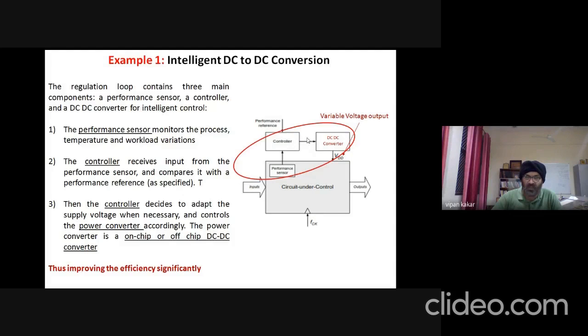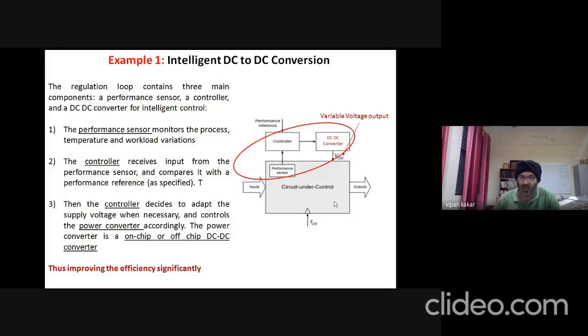So what type of signal is this? Whether to step down the voltage or step up the voltage, lower the voltage or raise the voltage. And based on the inputs received from the controller, the DC converter changes the VDD supply required in the device. Let me give you an example. If a gaming application is being run, the performance sensor will sense that now most of the circuit is active, because gaming is computationally extensive.